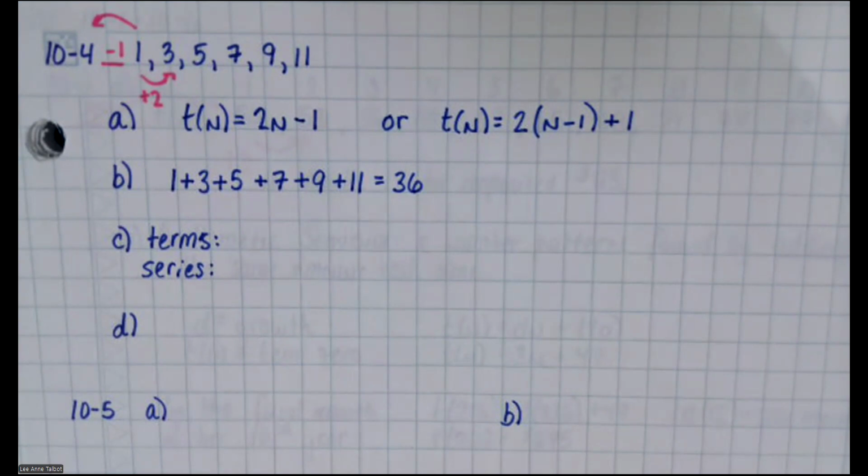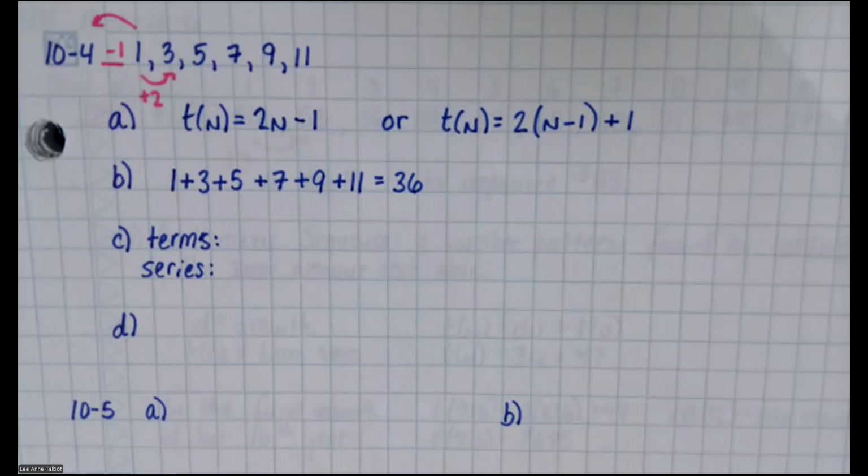Sequence, commas. The first thing you wrote was a sequence. Series, pluses, is a sum and has an answer. Okay. Sequence, comma, a list of numbers. Series, pluses, and has an answer.